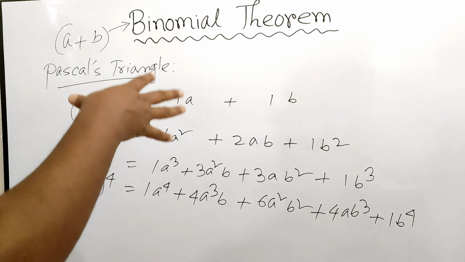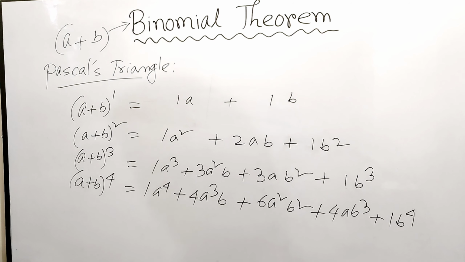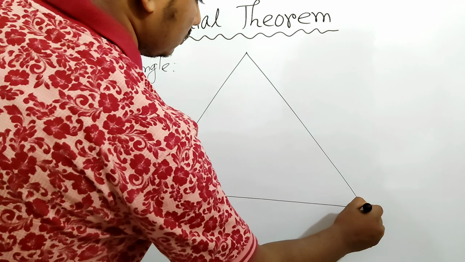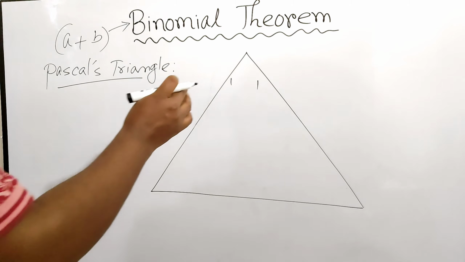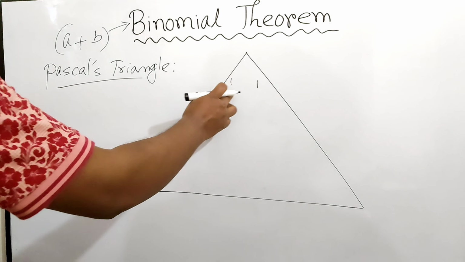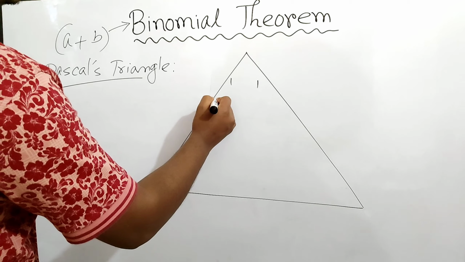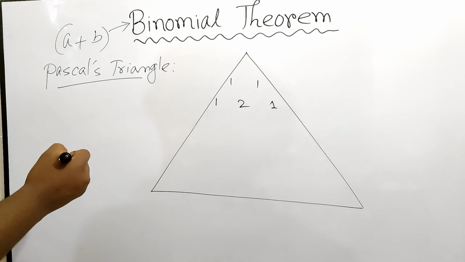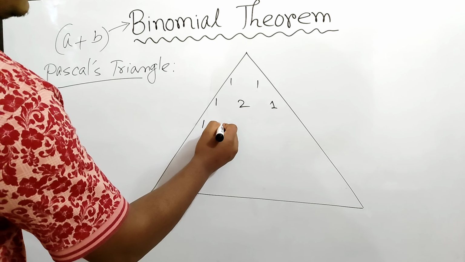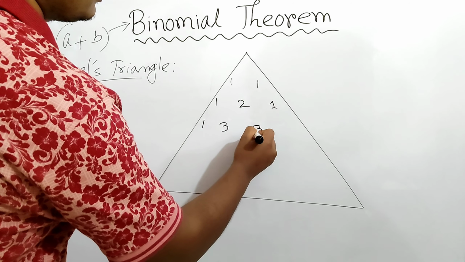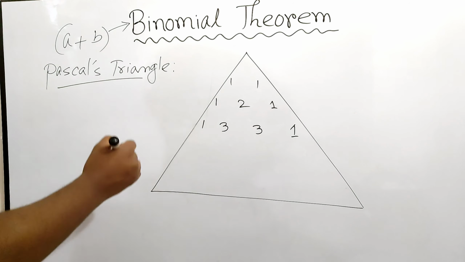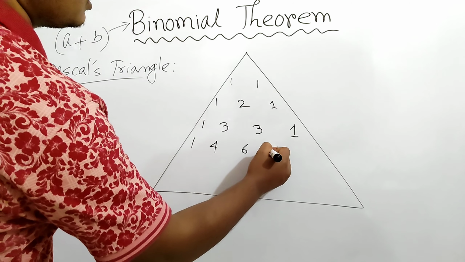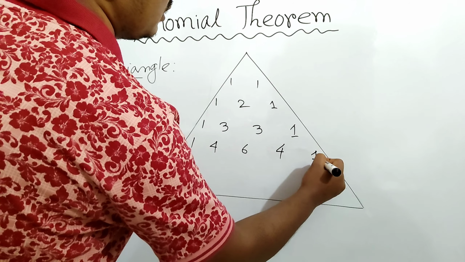Now I'll show the proper Pascal's triangle. The coefficients of power 1 are 1 and 1, power 2 are 1, 2 and 1, power 3 are 1, 3, 3 and 1, and power 4 are 1, 4, 6, 4 and 1.